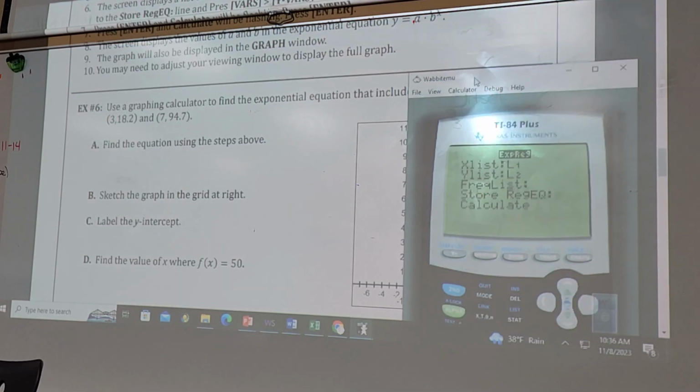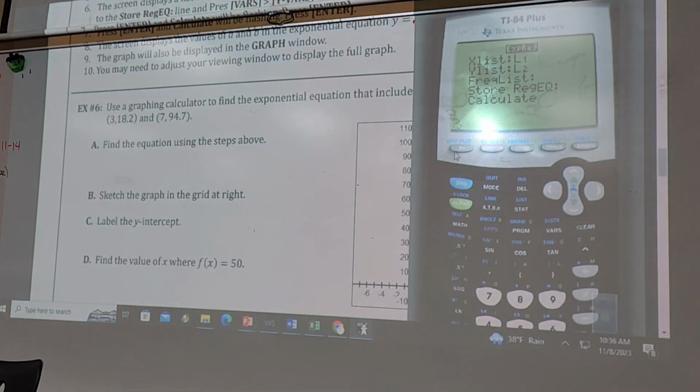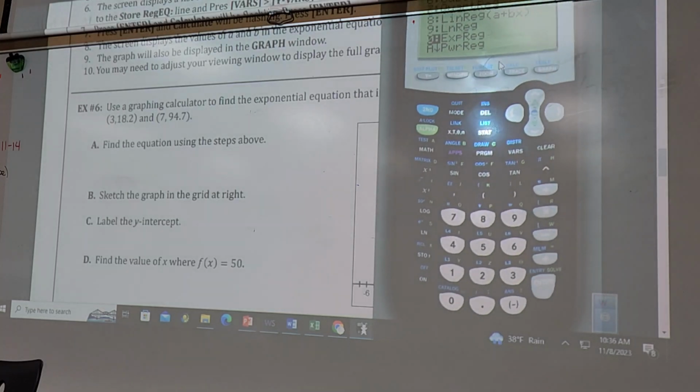What's it tell me to do? Function. So that's this button, right? Nope. All right, we can do this. It's stat.